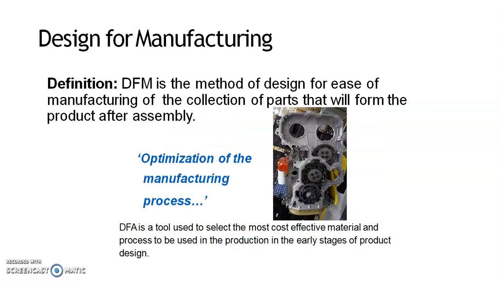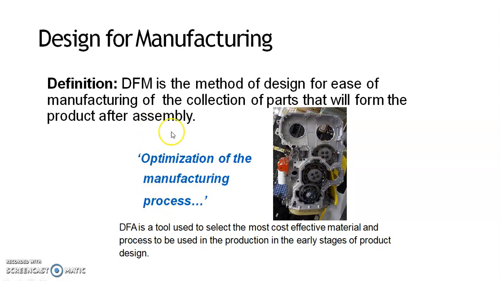Now the next is design for manufacturing. DFM is the method of designing for ease of manufacturing of the collection of parts that will form the product after assembly. You can see here a typical example of an engine crankcase and various component assembly. What we are going to do is optimize the manufacturing process.